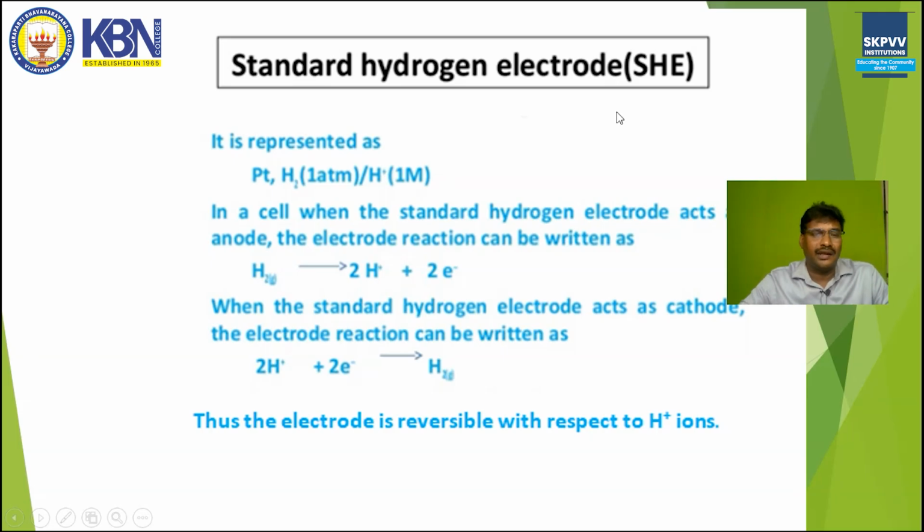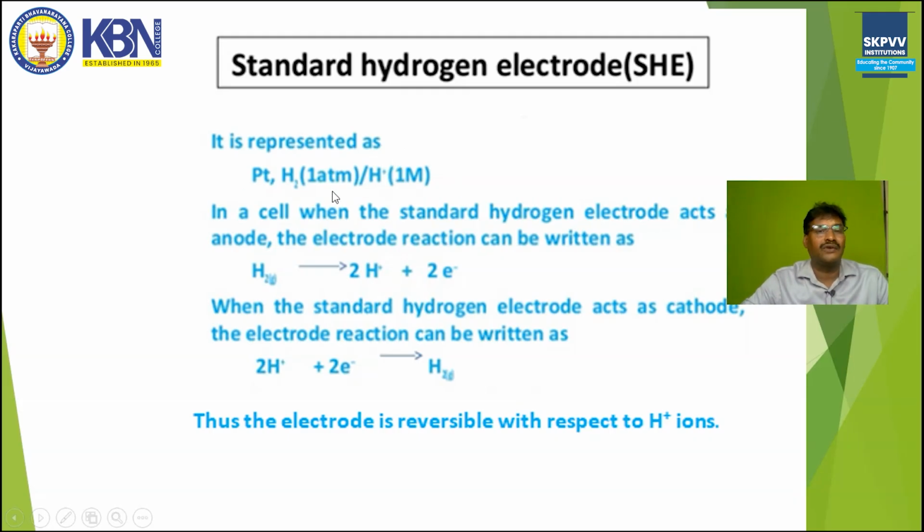Next, what reactions take place when the hydrogen electrode acts as anode and when it acts as cathode? When it acts as anode, it loses electrons. When it acts as cathode, it gains electrons. It is represented like this: Pt, hydrogen gas at 1 atm pressure, 1 molar HCl solution, simply represented by H plus ion.